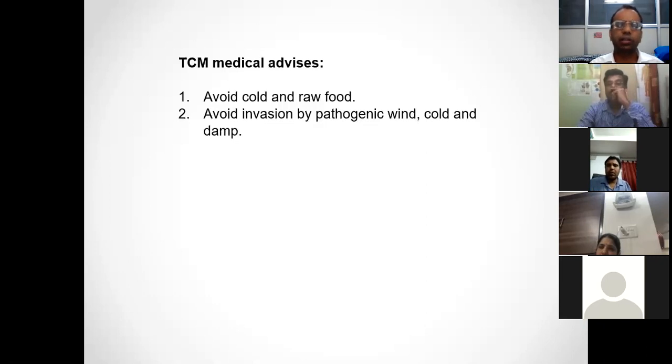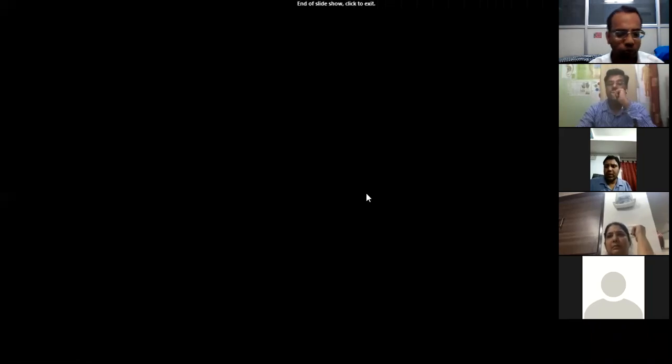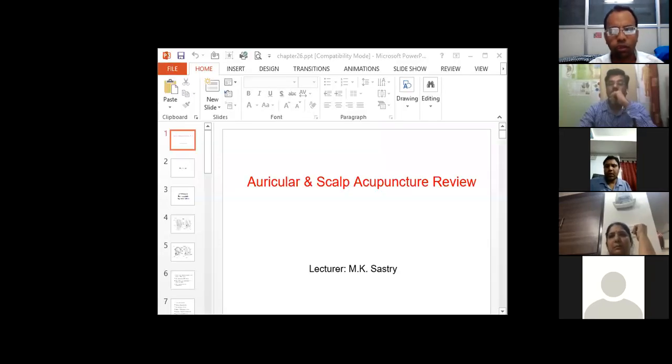Whenever certain cases come, we keep discussing. In the coming slides, you will also find a lot of similar acupuncture points which can act as a principal point for the treatment of the patient. One more is urinary retention.